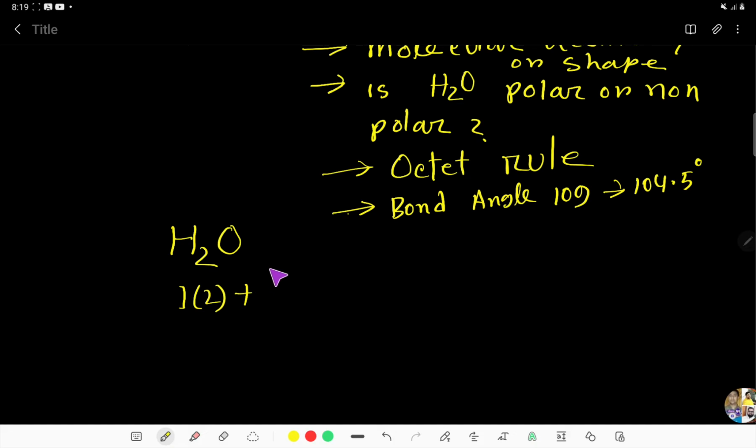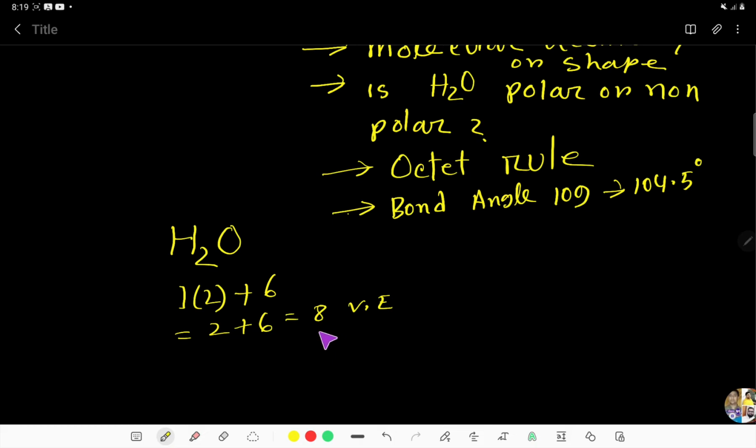Oxygen is an element of group 6A, that is why it has 6 valence electrons, right? So if you add them, you will get 2 plus 6, 8 valence electrons. So how many valence electrons does H2O have? The answer is 8 valence electrons in H2O or water.